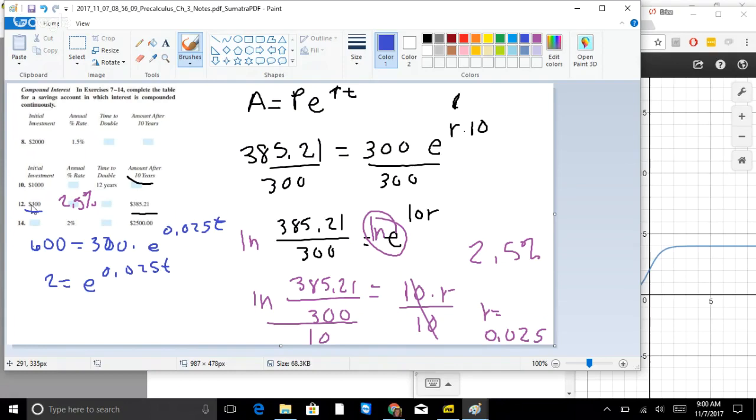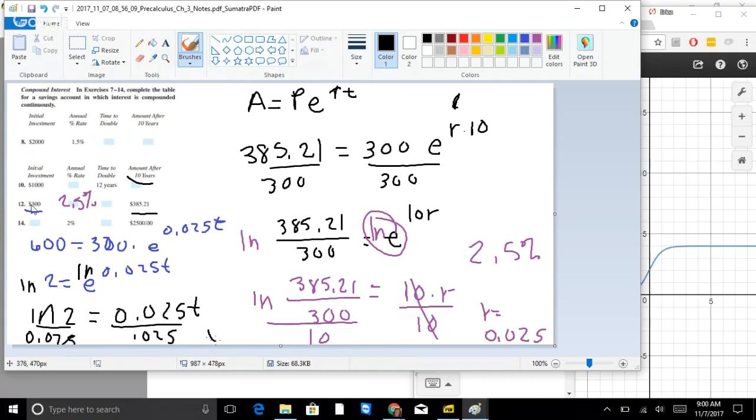I need to get t down out of my exponent. I'm going to do that by taking the natural log of both sides. Again, I'm being a little sloppy here for quickness. And I will end up with the natural log of 2 equals 0.025t. Divide both sides by 0.025. Of course, it couldn't be easy numbers, right?